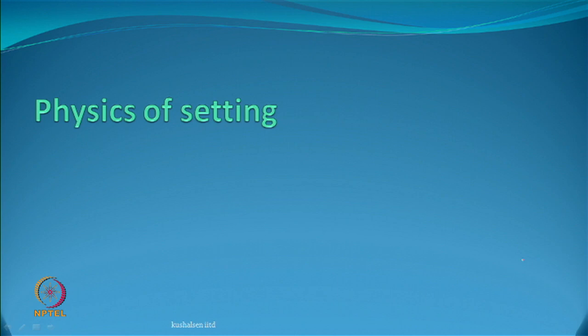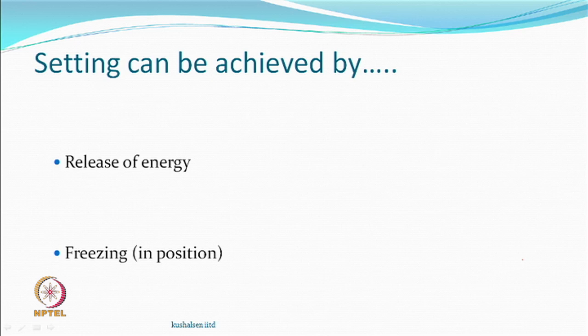So, we try to understand how the setting takes place and what exactly it involves. Setting can be achieved by two basic mechanisms. One is that you do something so that the energy of the system is released, and therefore you can achieve a stable structure, which we can call setting.